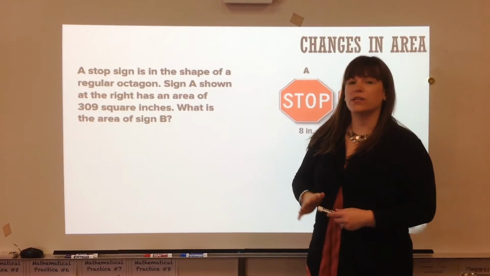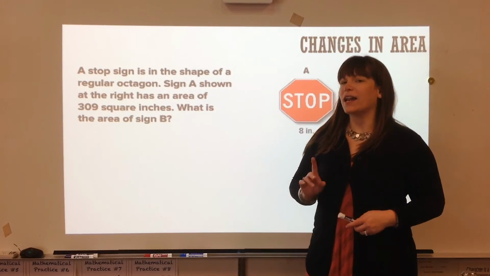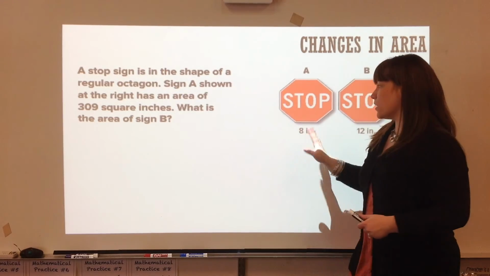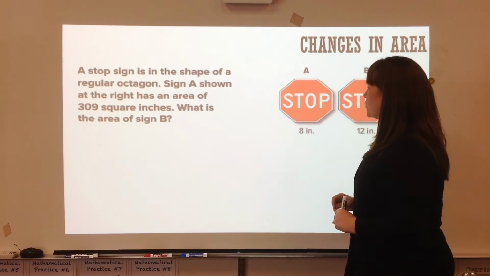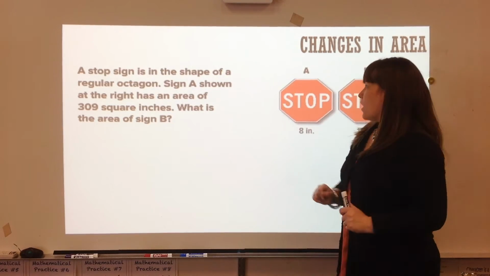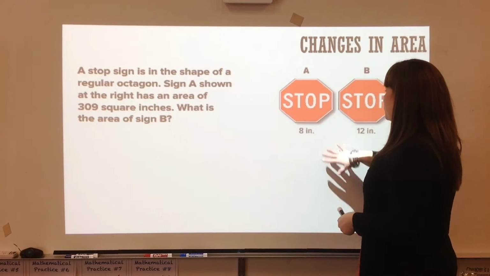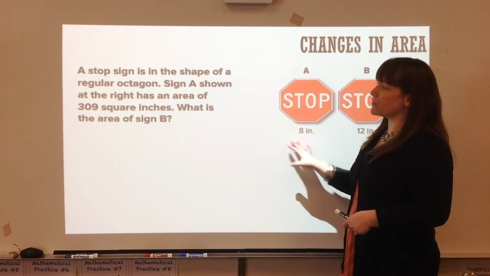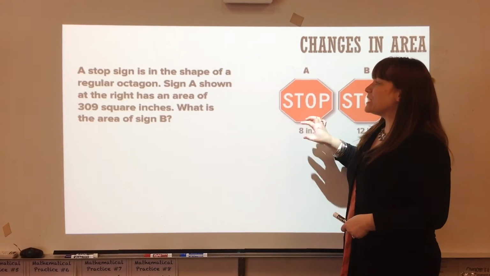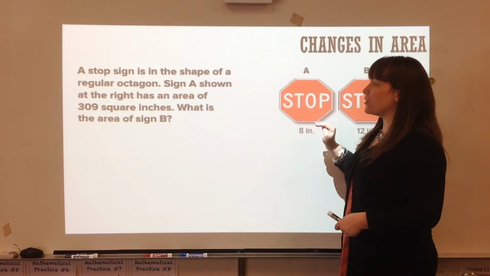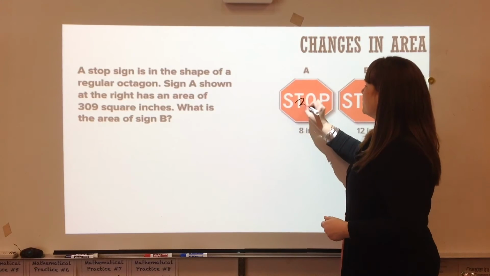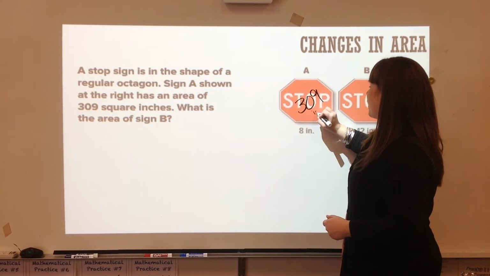So this last one is a little bit harder because they're not asking us to actually find the area, thankfully, of a stop sign, because we have to do some fancy deconstruction in order to do that with what we know. The stop sign is in the shape of a regular octagon, and sign A, shown at the right, has an area of 309 square inches.